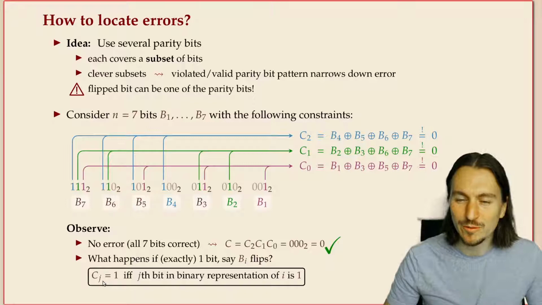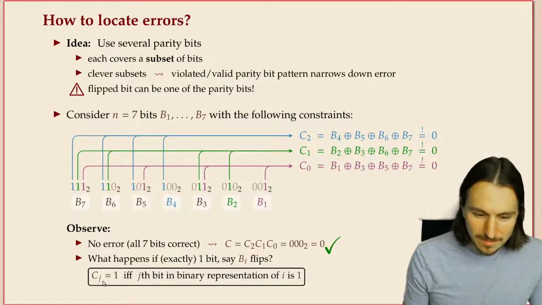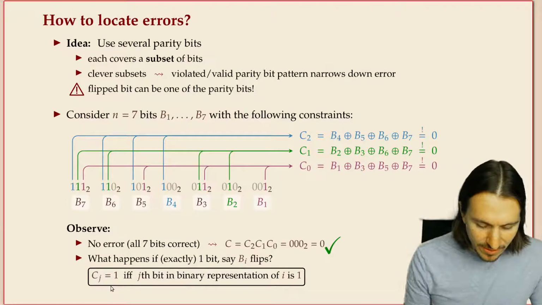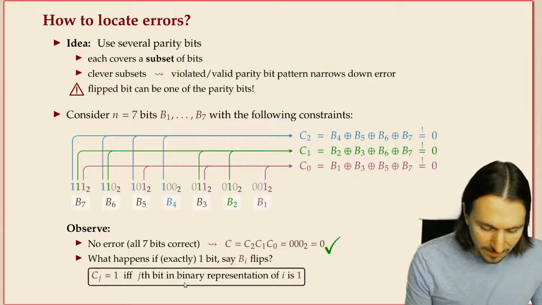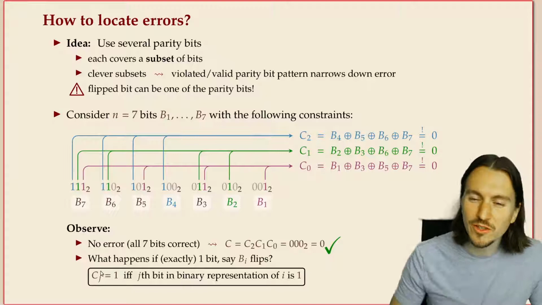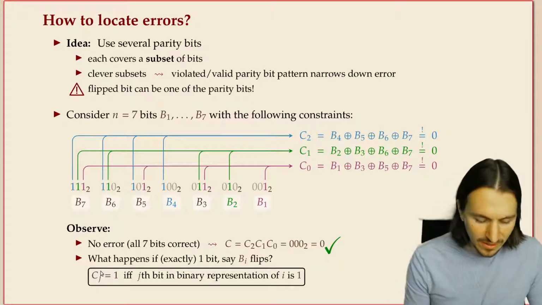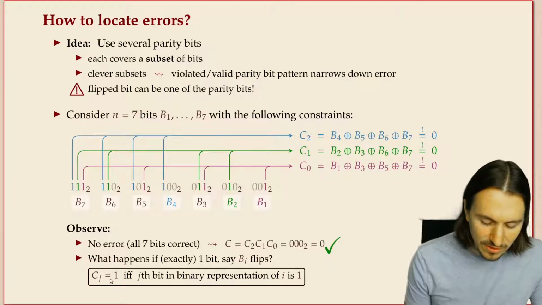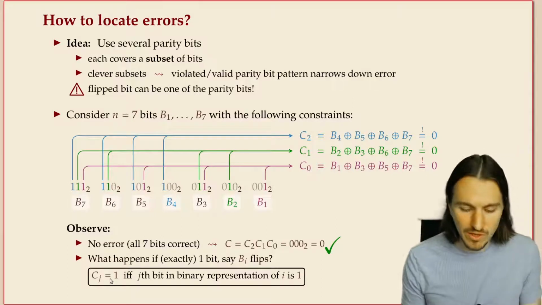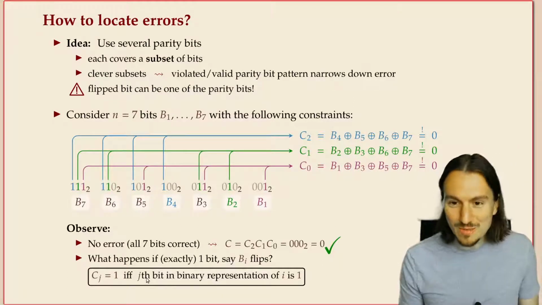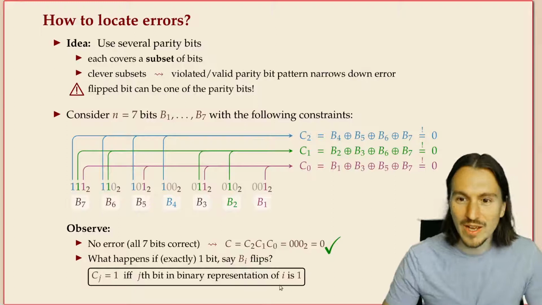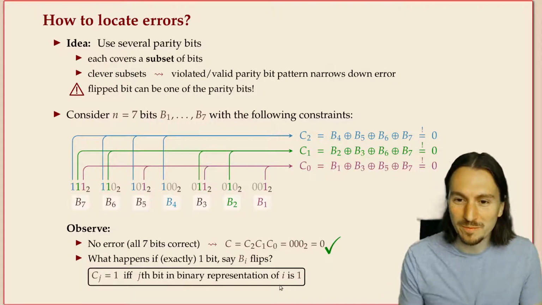If the ith bit is flipped, then we get a representation where the jth checking bit is 1, which indicates a mistake, if the jth bit in the binary representation of the index i is 1, the index that we flipped.